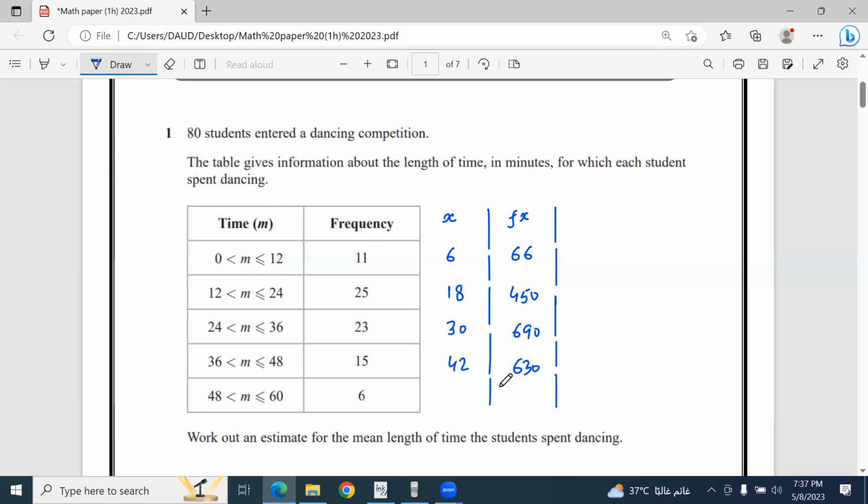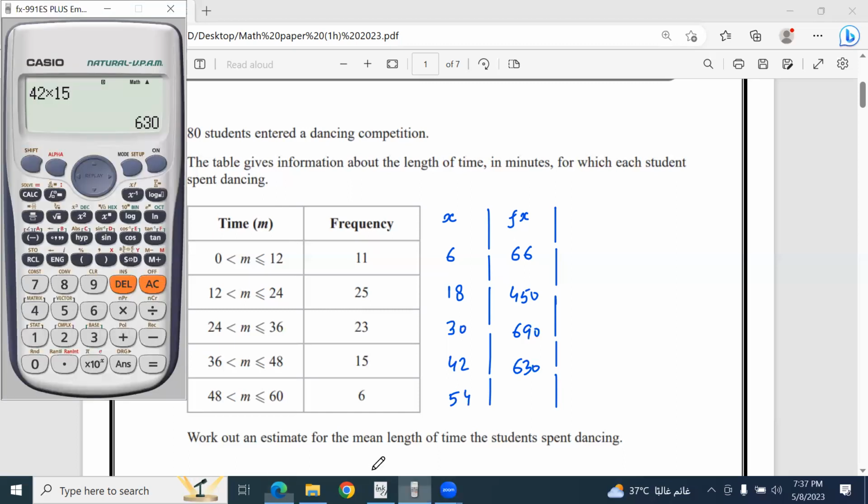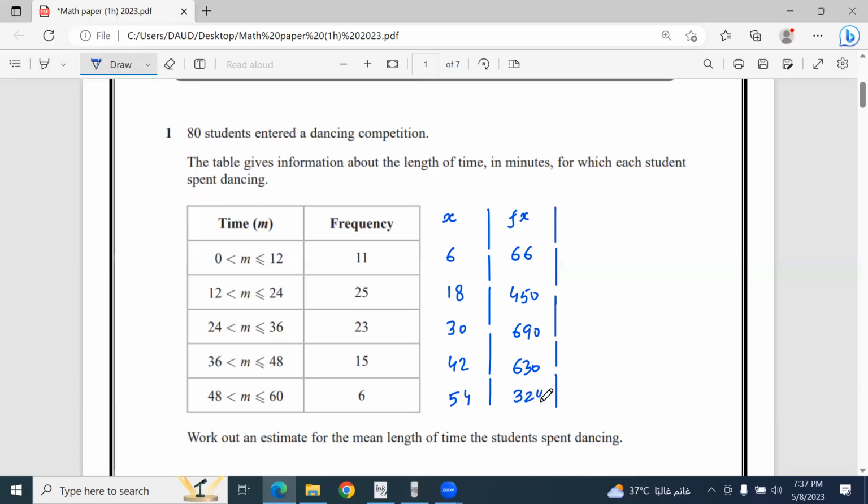And lastly, the middle value of the class width 48 to 60 is 54, and 54 multiplied by 6 gives us 324.